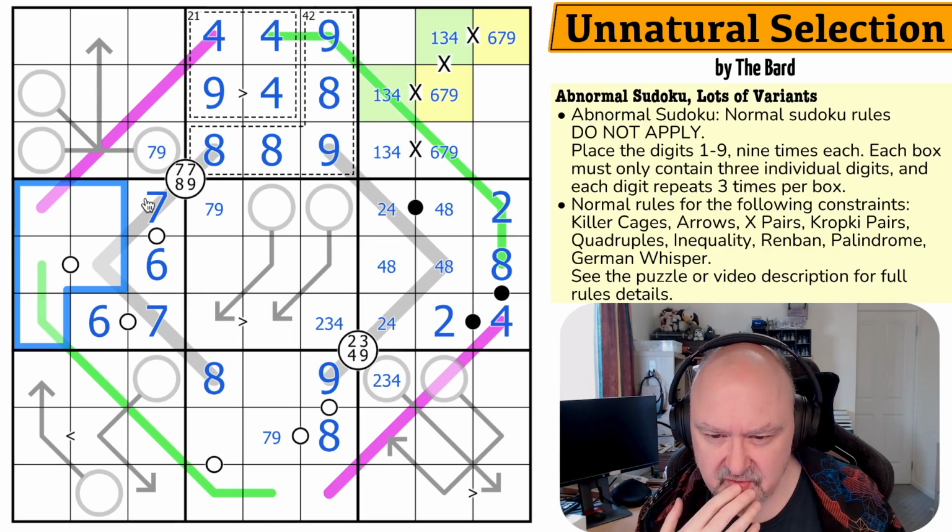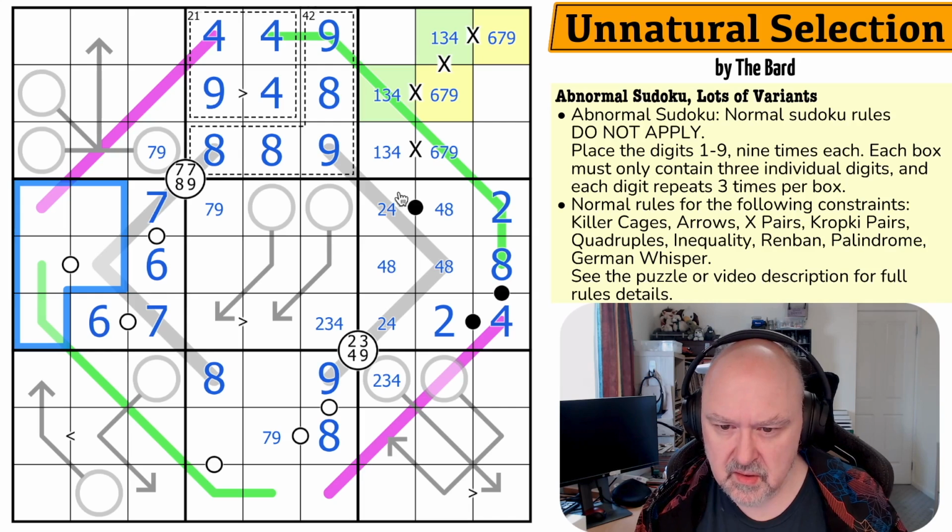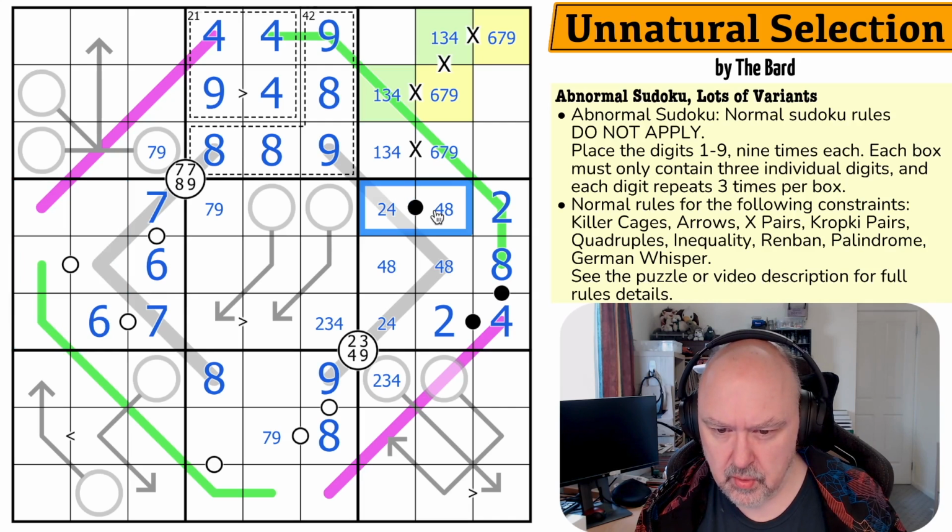The trick is figuring out where to look. 2, 4. Would leave that as a 4 and both of those as 8. 4, 8 would make that a 2.